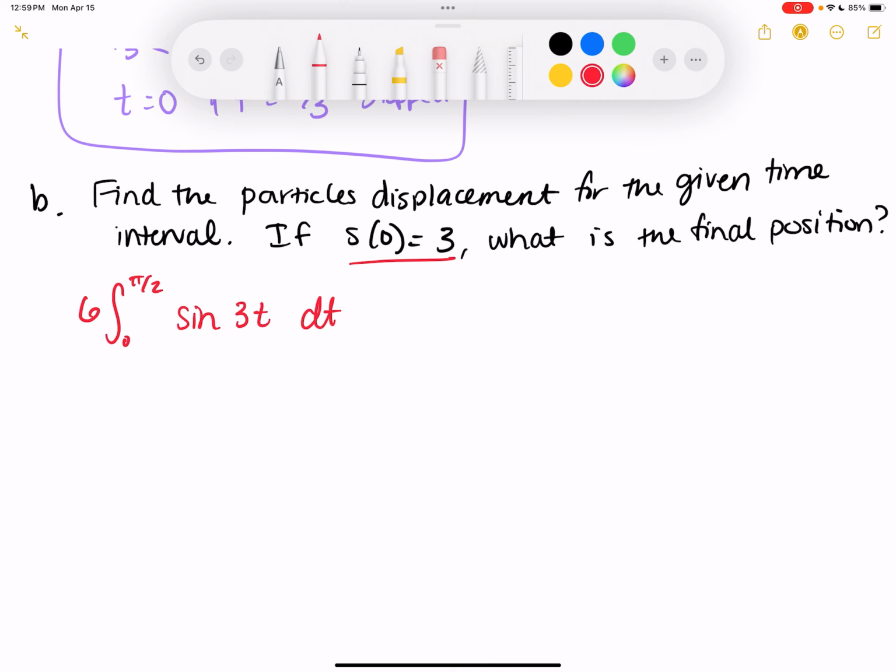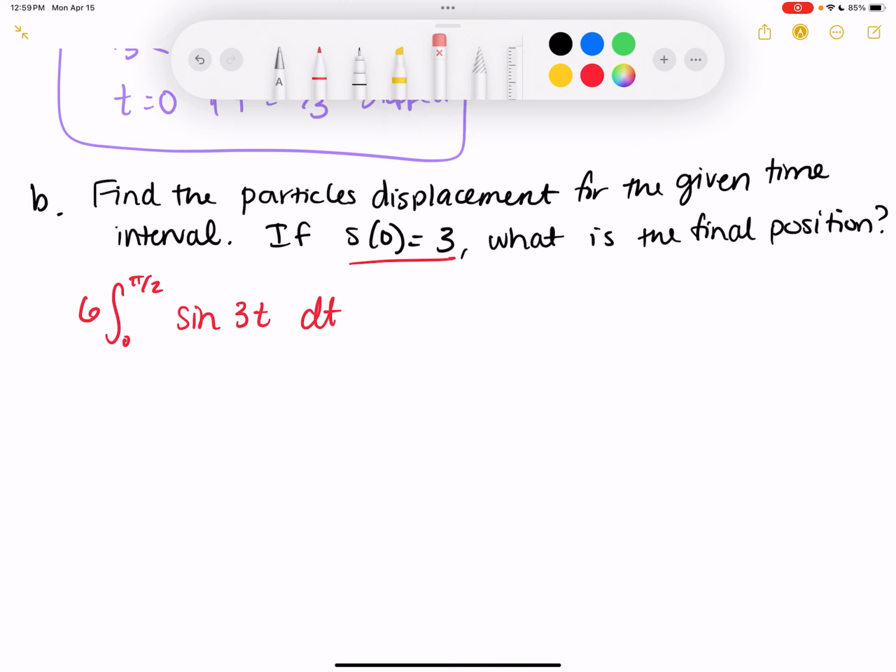There was a fancy method we learned last chapter to solve these. U substitution, yes. So what is u?